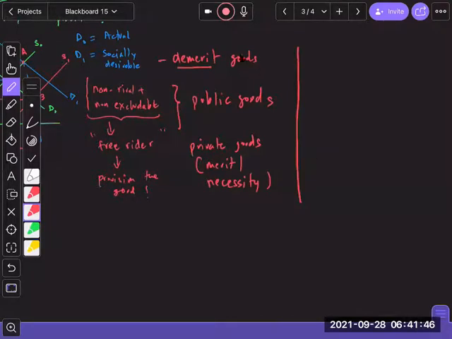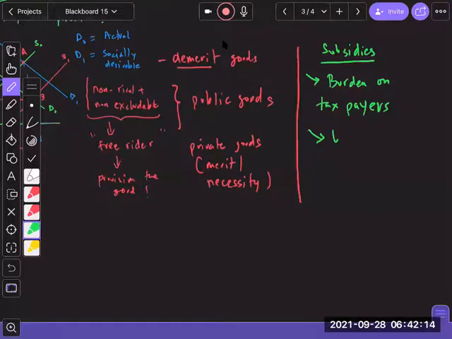Somebody actually gave some argument that maybe we can conclude by looking at some of the problems of subsidies, that subsidies have their own set of challenges. Number one, it puts a burden on taxpayers. Also, the government may over or under subsidize if they have a lack of knowledge.